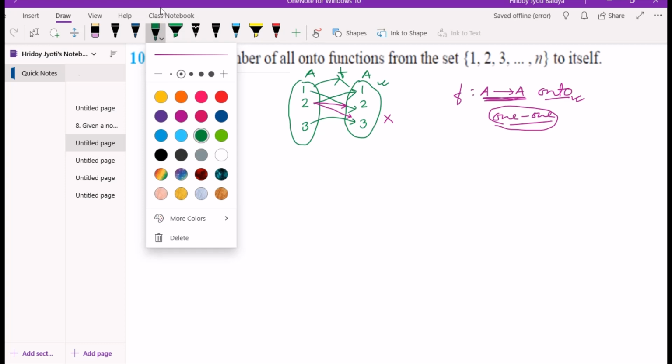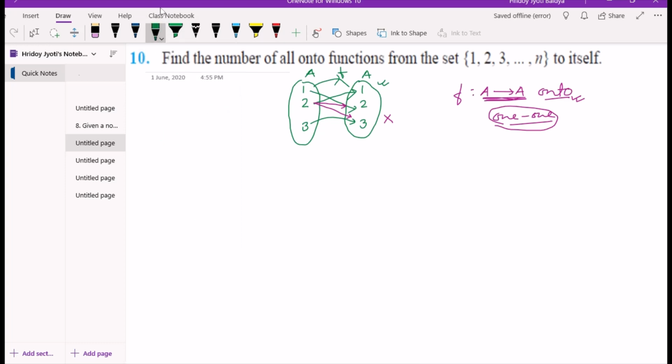Now we have to find out the number of onto functions. Since the function is running from the same set to the same set, it is readily one-one. So ultimately we'll try to find out the number of onto functions, which in this case is the same as the number of one-one functions. The number of one-one functions is always easier to find than that of onto functions, so we'll use this result.